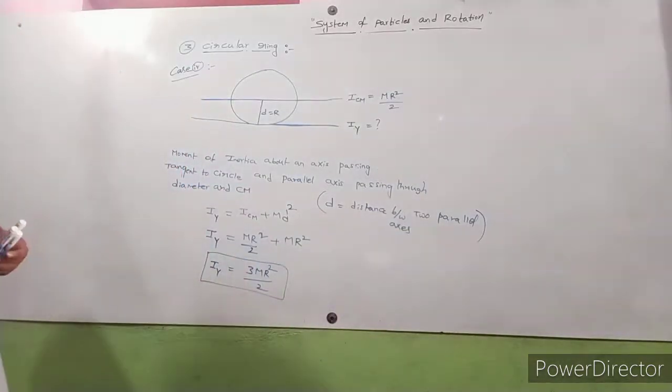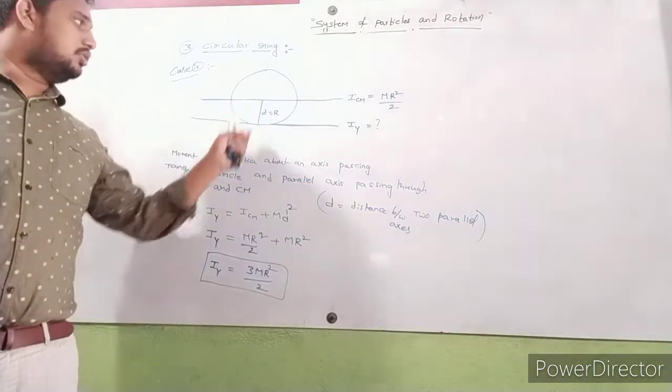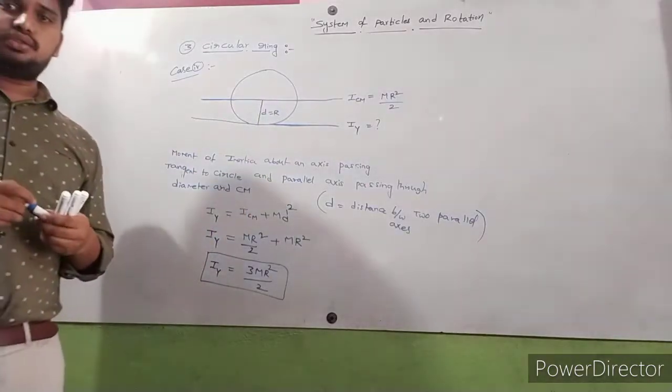This is the moment of inertia about the axis tangent to the circle and parallel to the axis passing through the center, that is 3 mr square by 2.